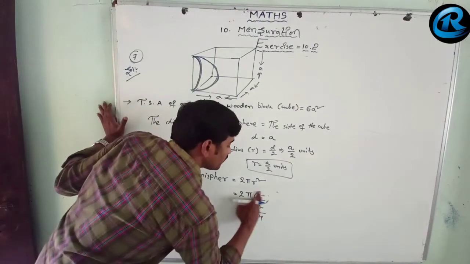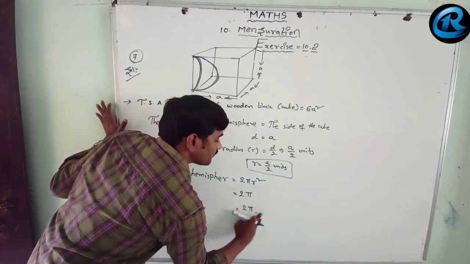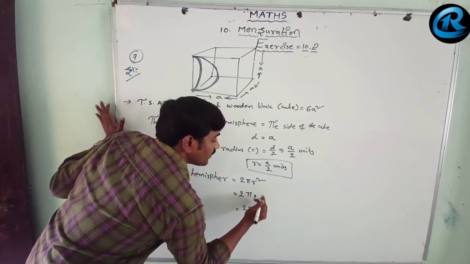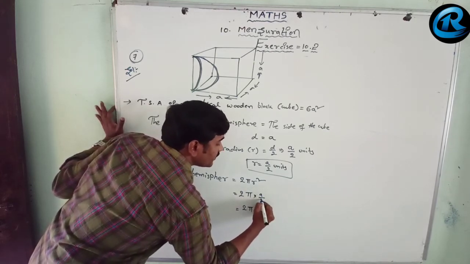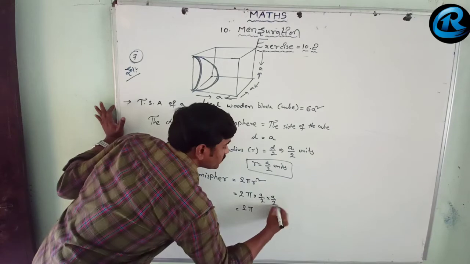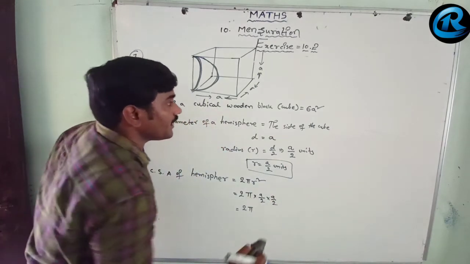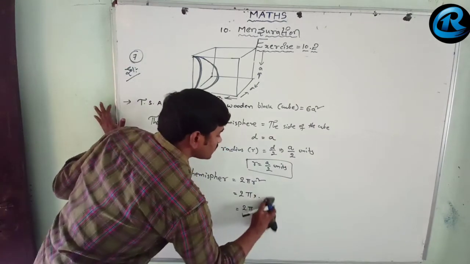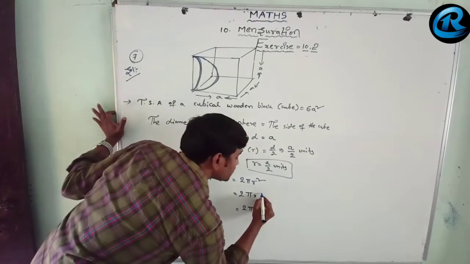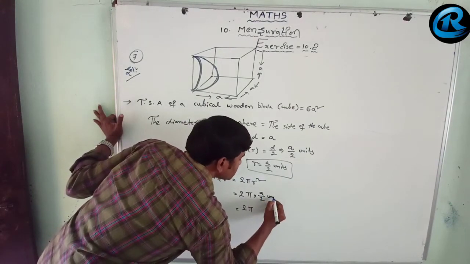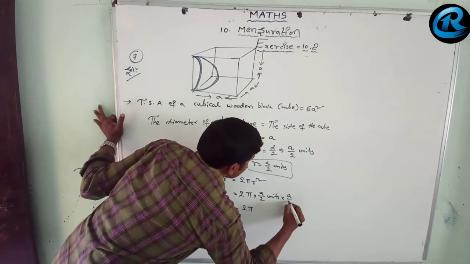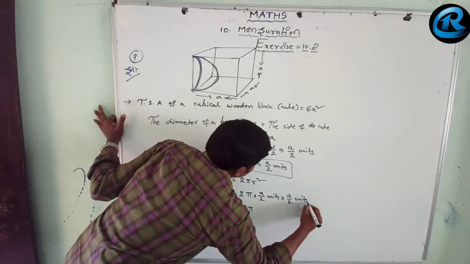Write it like this: r square is a by 2 units into a by 2 units.